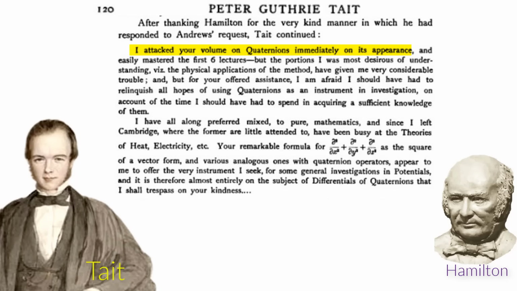In August of 1858, Tait wrote to Hamilton that, "Since I left Cambridge, I've been busy at the theories of heat, electricity, etc. Your remarkable formula for d/dx squared plus d/dy squared plus d/dz squared as the square of a vector form appear to me to offer the very instrument I seek for some general investigations in potentials."